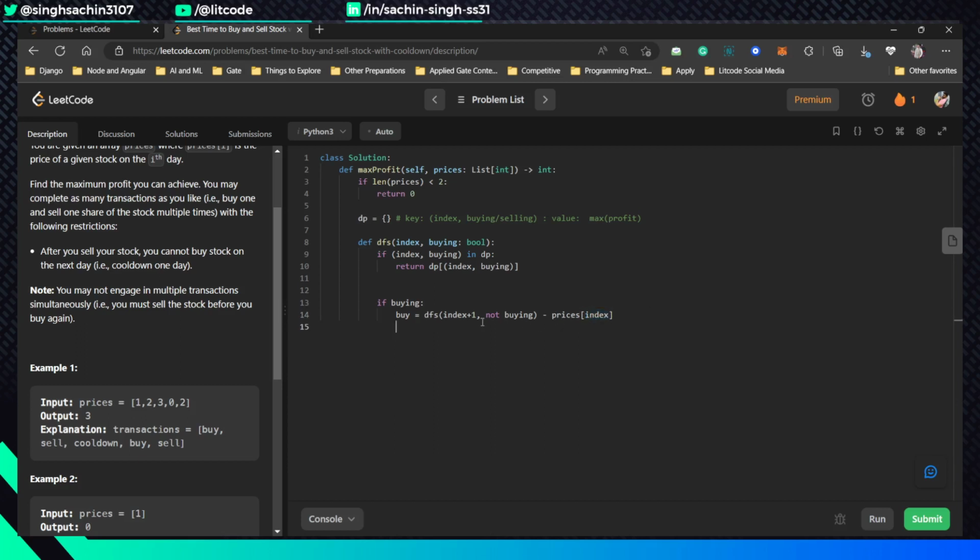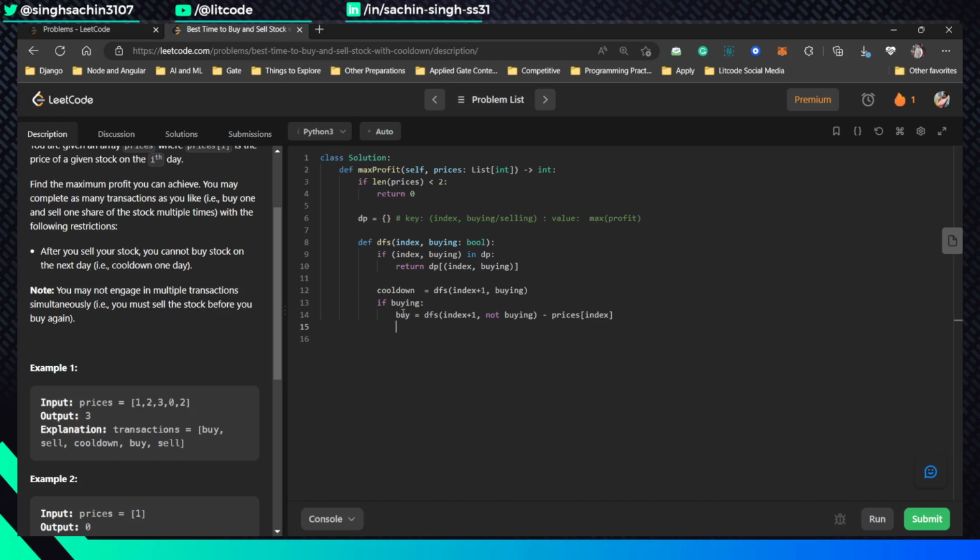Next, we will have a cooldown period, which will remain the same in both conditions, sell or buy, so let's keep that out of the if condition. In the cooldown period, you can just skip at this point, and then either buy or sell.